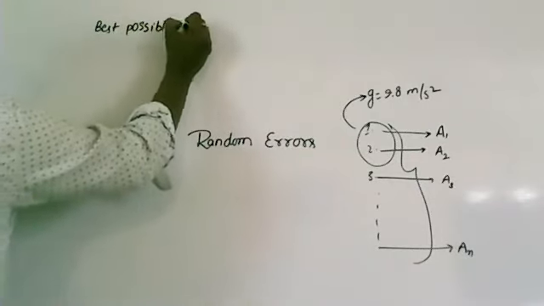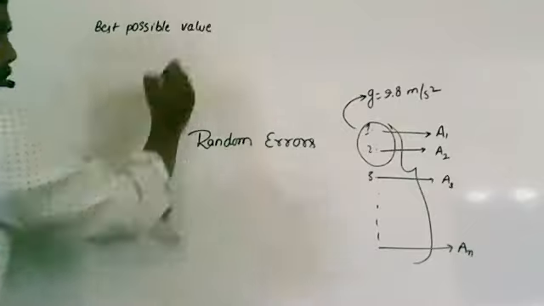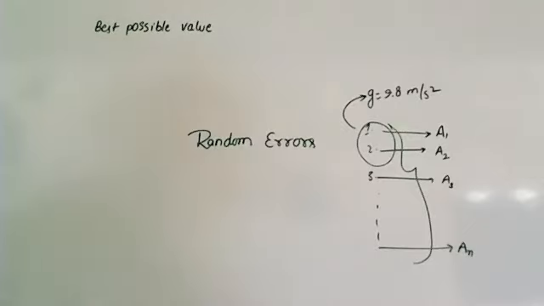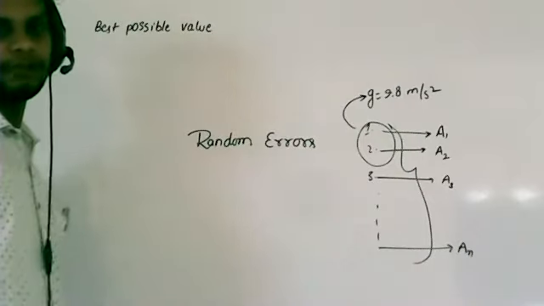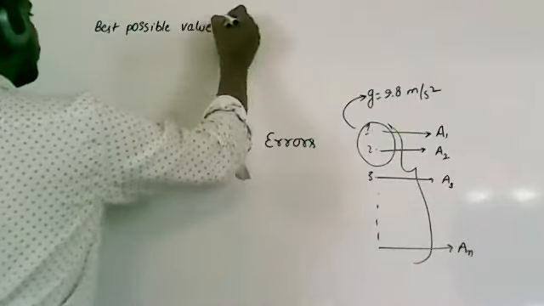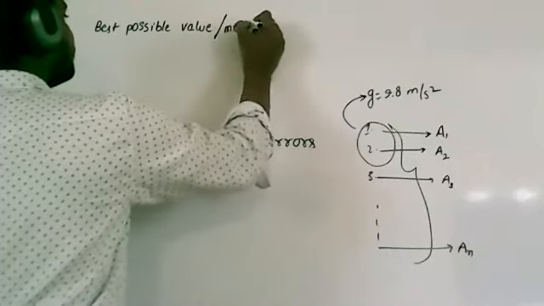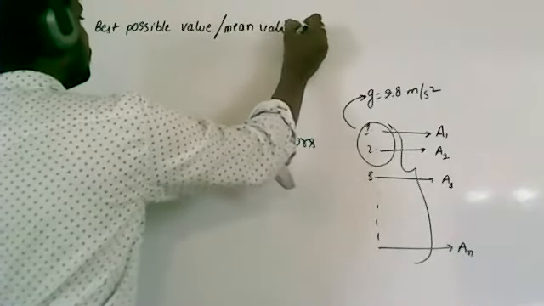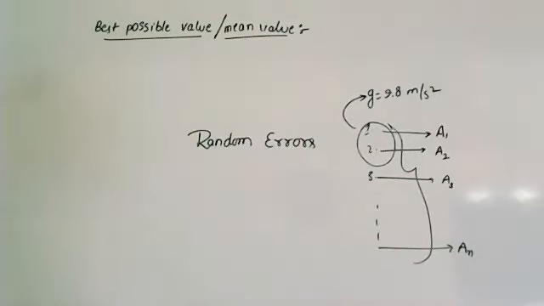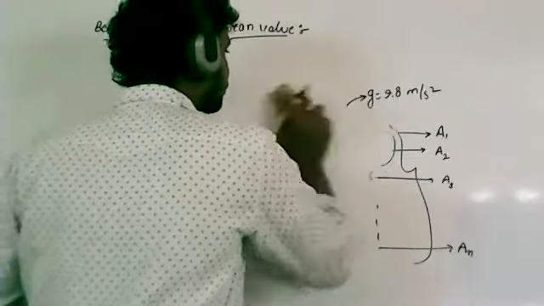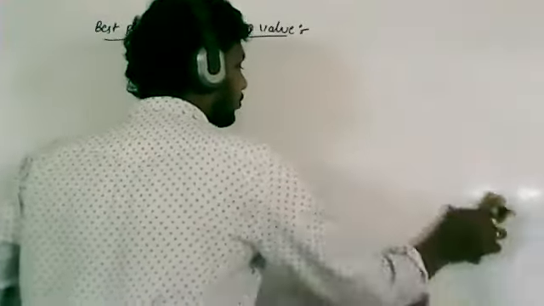If you repeat the experiment a number of times and take the average, the value will be close to the true value, and that is taken as the best possible value, or this is also taken as the mean value. Now I am going to discuss that.